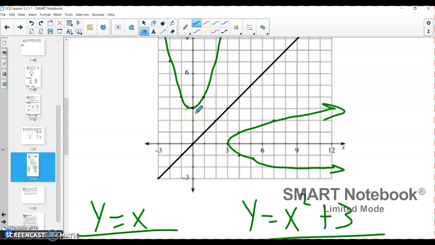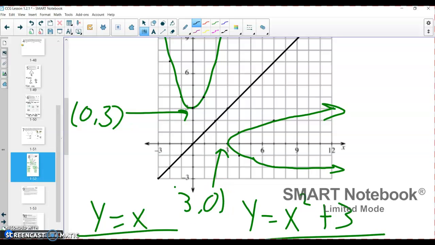That point right there is 0 for x, and so we got 0, positive 3 is the coordinate, and that coordinate right here is positive 3, 0, right? This one is 1, 4, so that point right there is 1, 4, because it went 1 to the right, up 4.